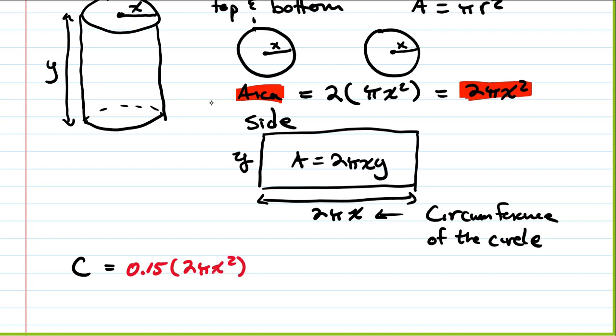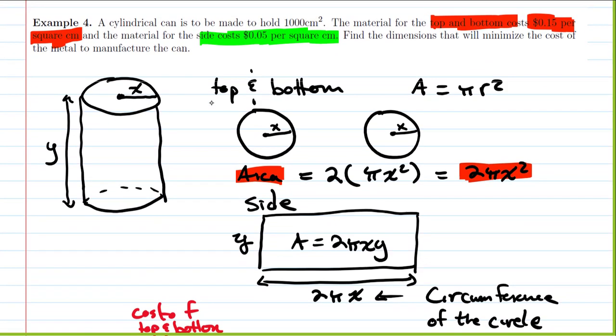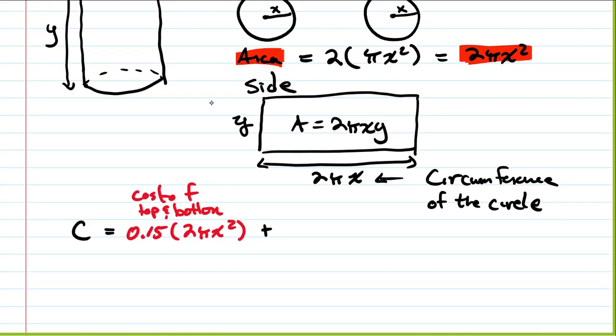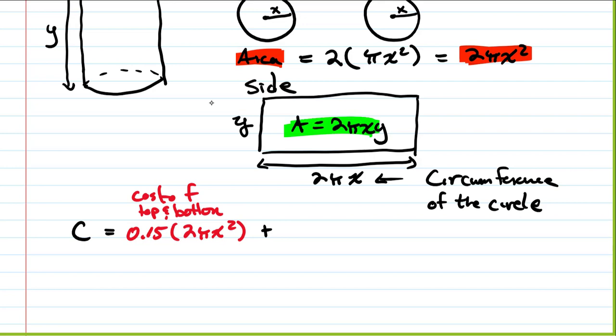So this is the cost of the top and bottom. Plus, we now have our side, which costs 5 cents per square centimeter, so we have 0.05 times its area, which is 2 pi x y. So that is going to be our cost function.